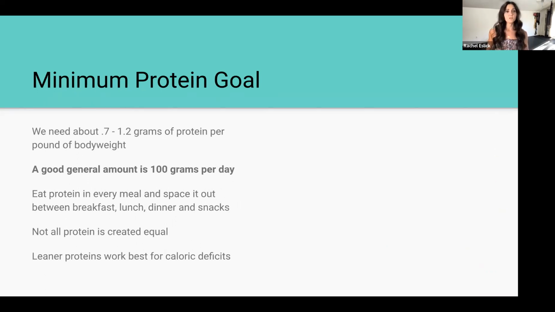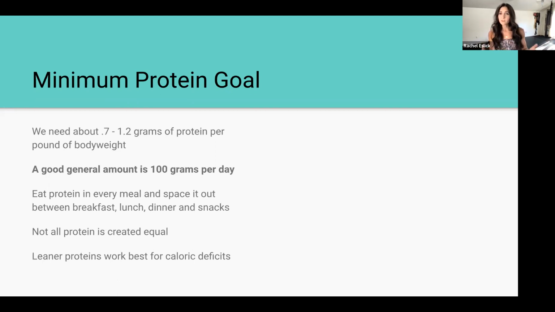Okay, so for most people, a great minimum protein goal would be about 100 grams per day. So if you like math and you want to do math, most people would agree that we need about 0.7 to 1.2 grams of protein per pound of body weight. Now, this kind of gets thrown off if you weigh 300 pounds or you have a lot of weight to lose, because then it's like eat 300 grams of protein, which just might not work for a lot of people.